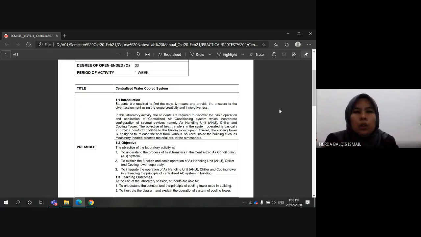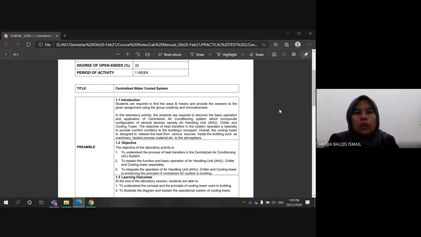They combine or integrate to form a centralized air conditioning system. So meaning to say that the configuration of the system makes the centralized air conditioning system work properly.